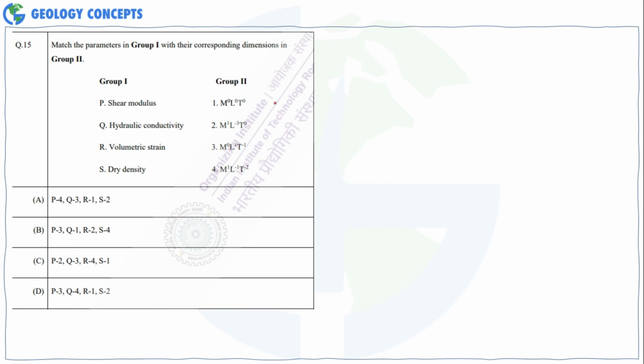Next is from the dimensions of a few physical parameters such as shear modulus. Shear modulus has a unit equal to pressure, which is Pascal. If I try to write down its fundamental basis, Pascal is nothing but force per unit area.